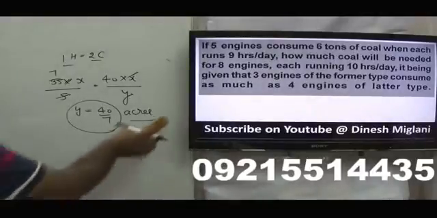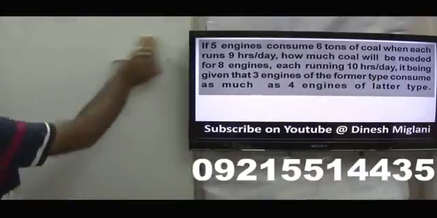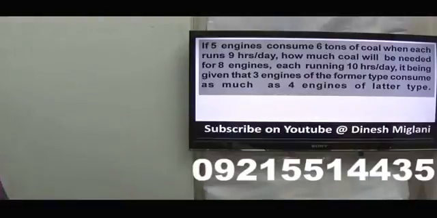All questions are similar in nature. They are primarily concerned with total work by efficiency: total work by men into days into hours into efficiency. 5 engines consume 6 tons of coal when each runs 9 hours a day. How much coal will be needed for 8 engines, each working 10 hours a day, given that 3 engines of the former type consume as much as 4 engines of the latter type?